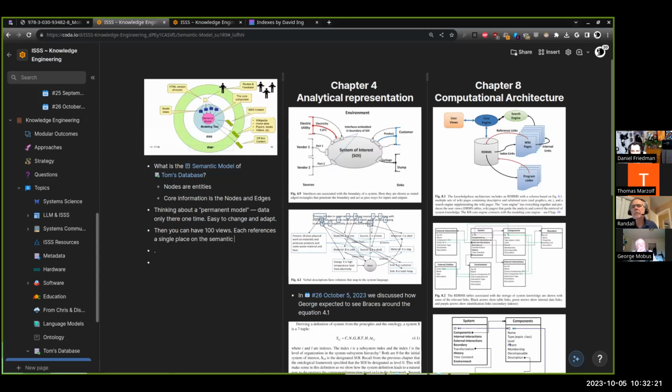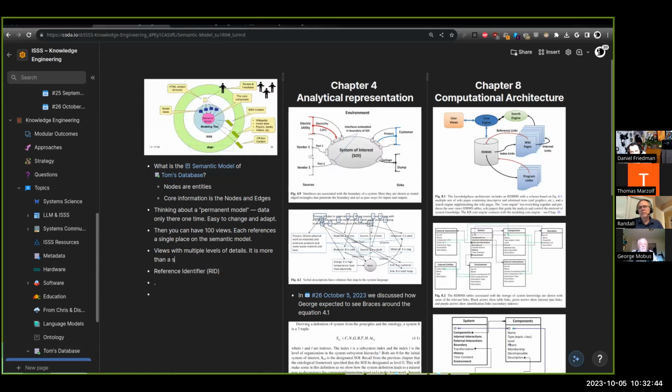And the other point about it is you can do multiple views, so you can take different perspectives or different levels of detail. And I find that that's very important. Often when you sketch something out, you get a view that's never been viewed before because nobody ever sketched it that way. But it's more than a sketch because it's only referencing anything in the semantic model that presumably is well defined.